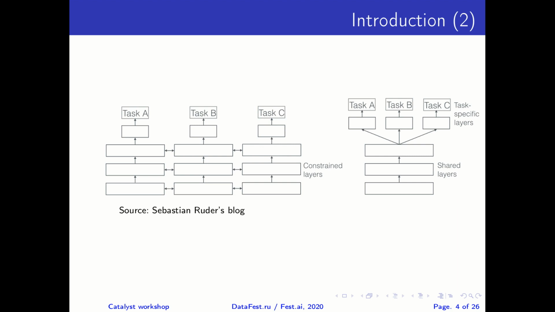In soft parameter sharing, the backbones are not necessarily exactly the same. Usually there is some sort of restriction on the weights, so that the weights are relatively close, but in this presentation we're going to focus almost entirely on the right picture, so on the hard parameter sharing.